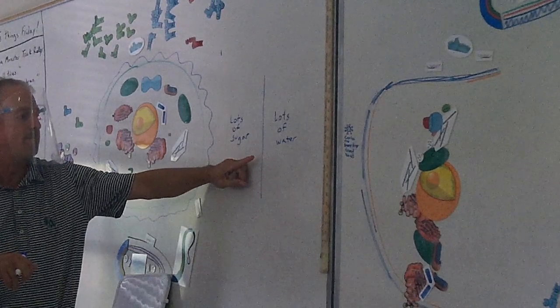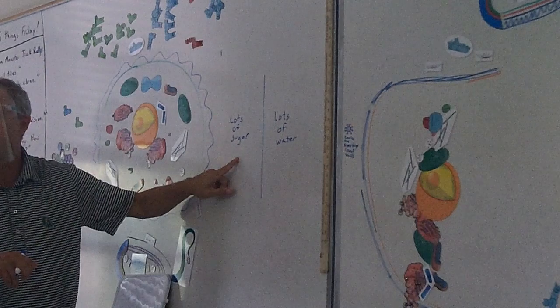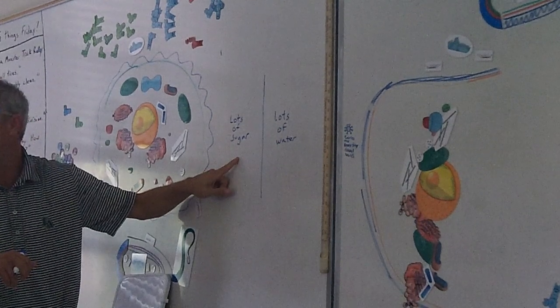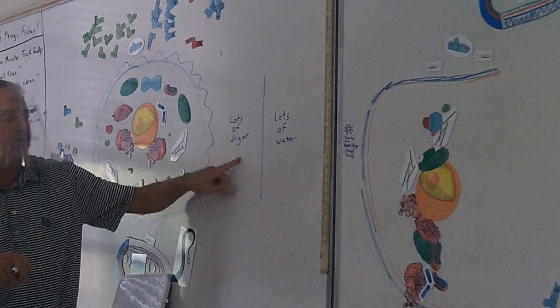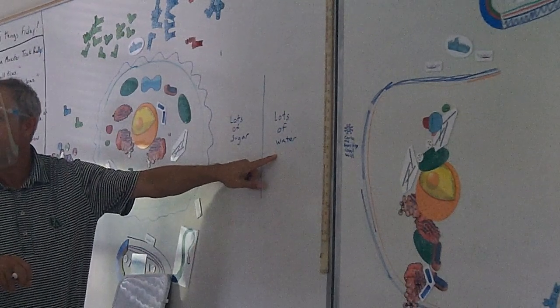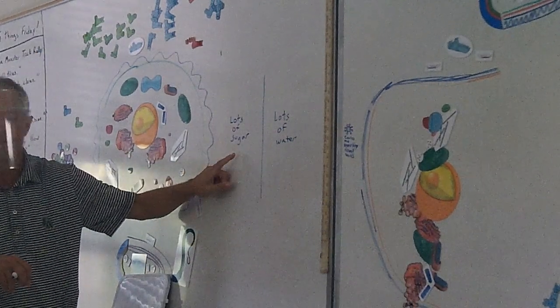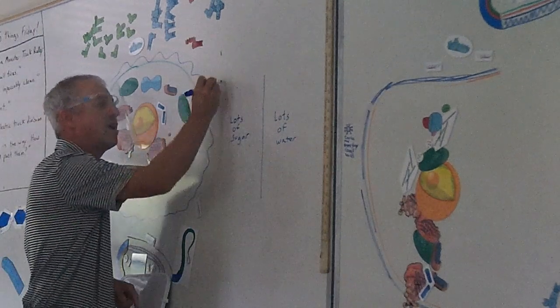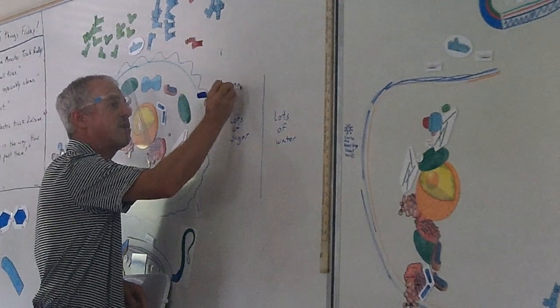Left. The sugar one. Lottie says left. Is she right? Does anyone vote for the right side? What side's hypertonic? This side's going to be hypertonic. Lottie, you got it right. Good job.